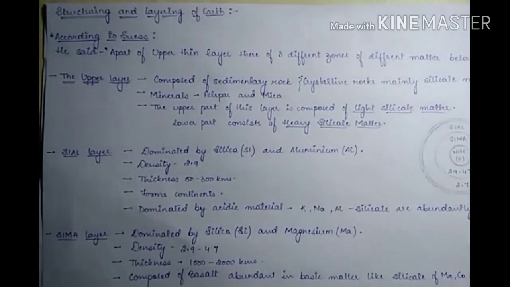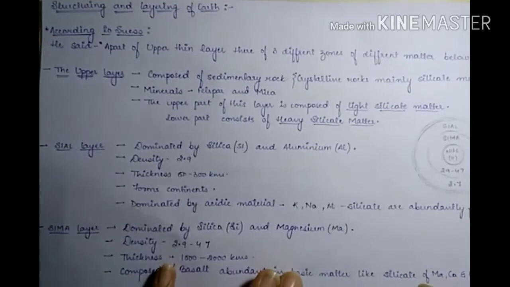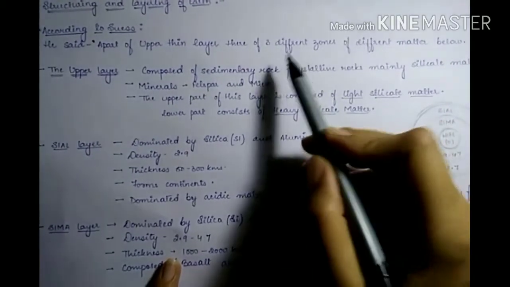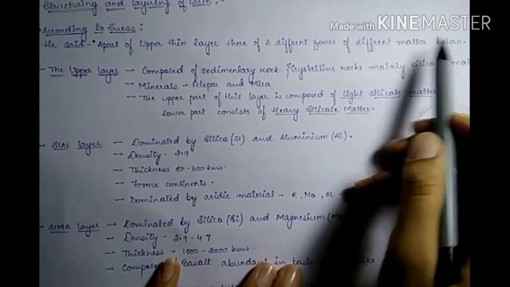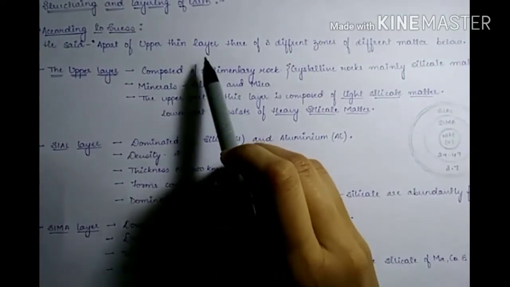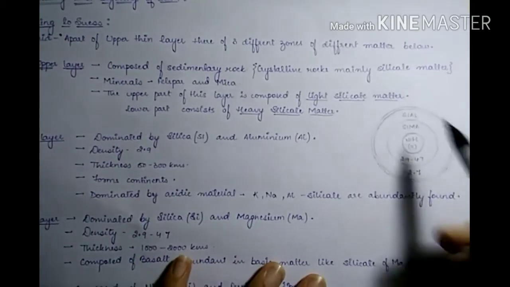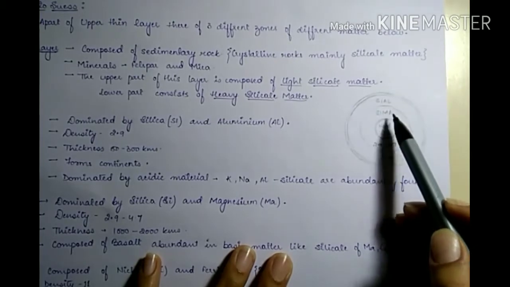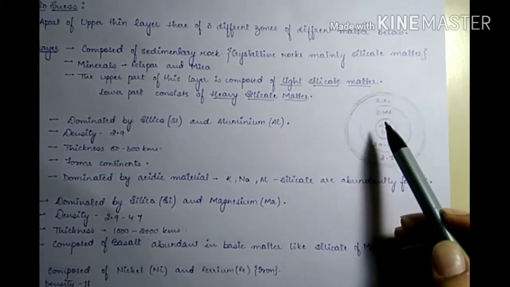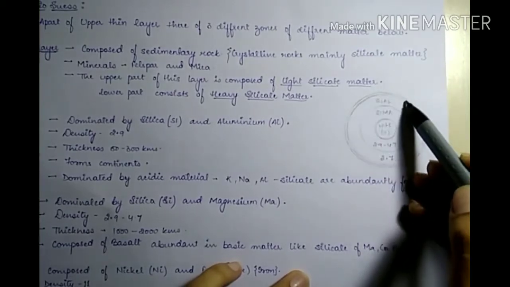Now, according to Suess, he said that apart from the thin layer of the Earth, there are three different zones of different matters below thin sedimentary layer. Okay, so here is the diagram. There are three layers, one, two, and three layer below this sedimentary layer.